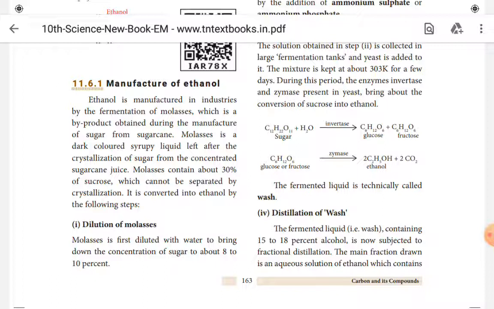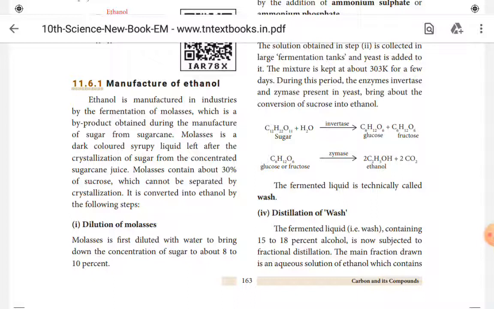So concentration is decreased. Already you learned what is called a concentrated solution and a dilute solution. A dilute solution contains more solvent, and here the solvent is water and the solid is sugar molasses.